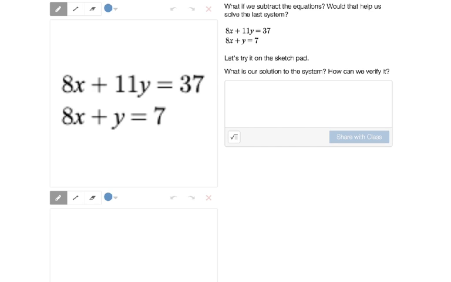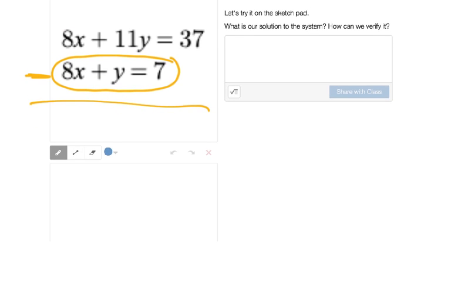So what I want you to do is we are going to take this whole thing, I'm going to circle it, and we're going to subtract everything above from the top. All right, so let's do it on our sketch pad below. So if I have 8x and I take 8x away, I have 0.